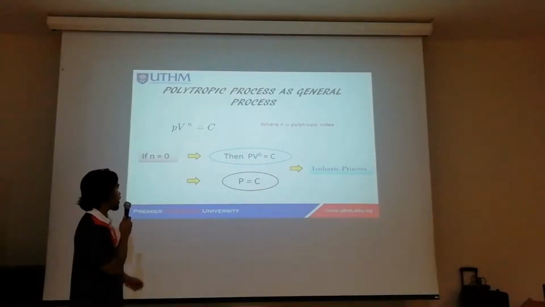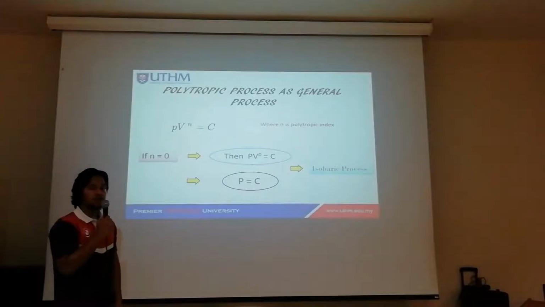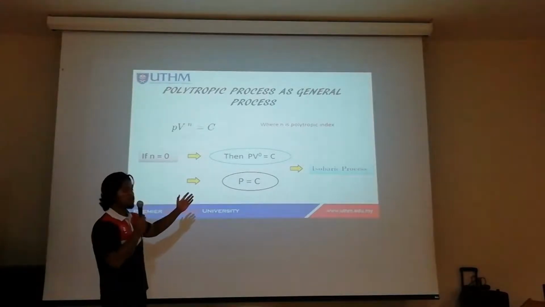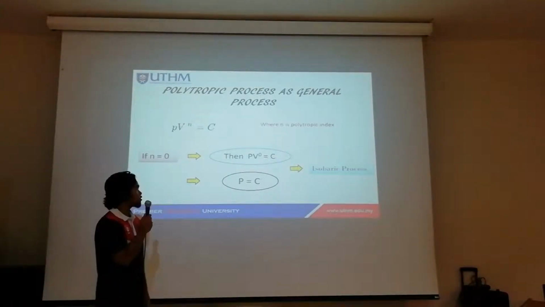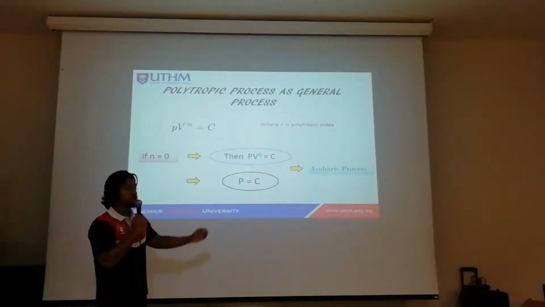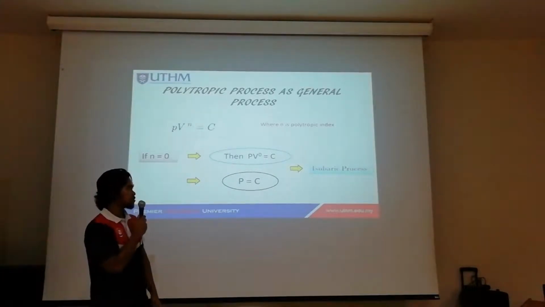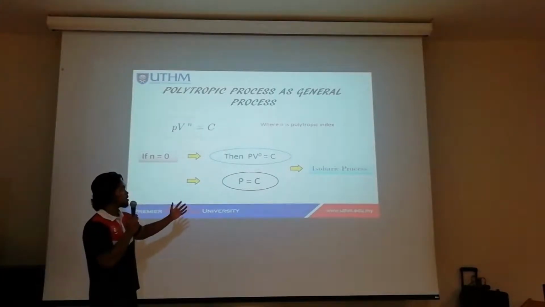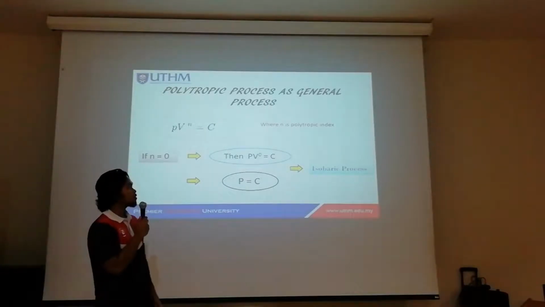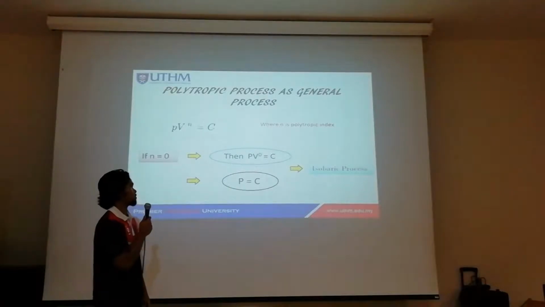For example, here we put n equal to 0. Then V to the power of 0 is equal to 1, and we get the equation P equals C, pressure constant. This applies to a process with constant pressure, which is an isobaric process.